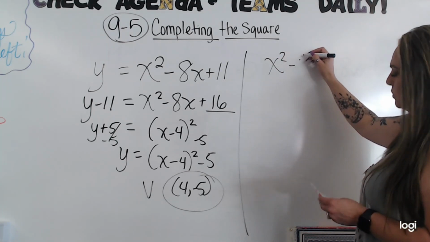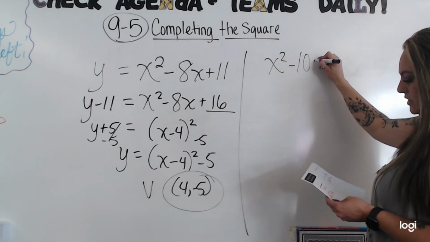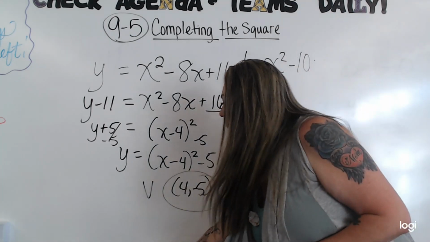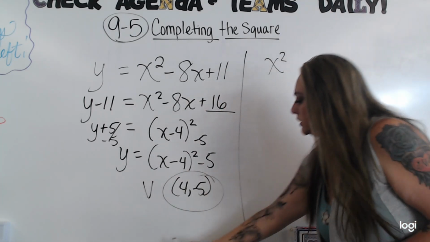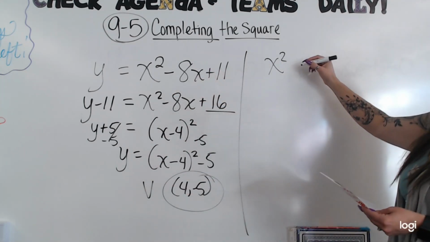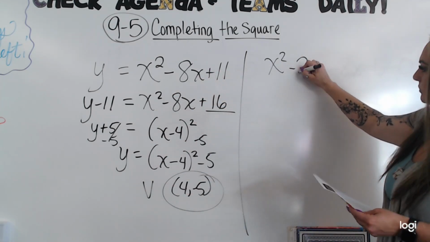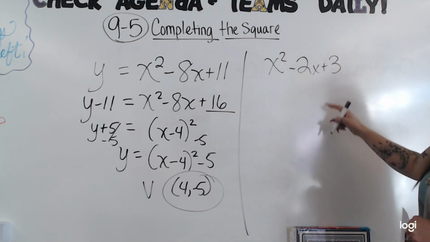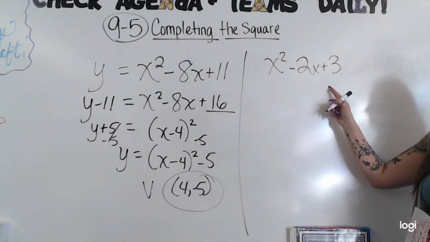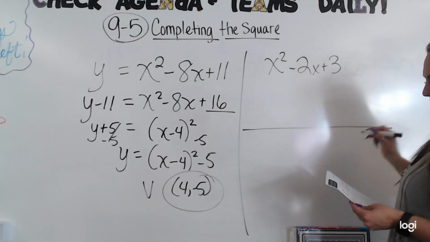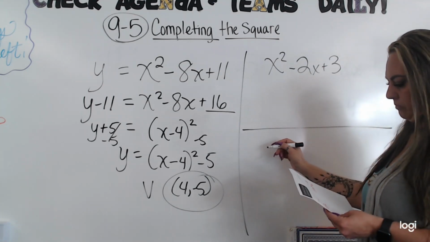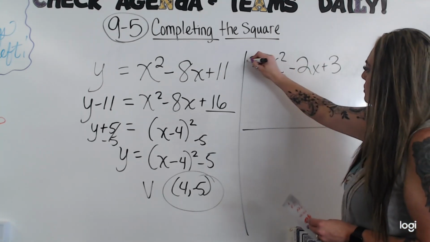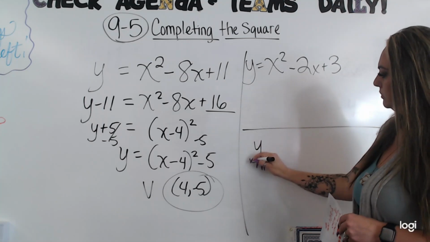So we have x squared minus 10x. No, I don't want to do that one. Remember to put your y equals when you do this. So I want you to try that one. And then try this one. Actually, I'll just put the y equals here. I don't want you to forget that part.